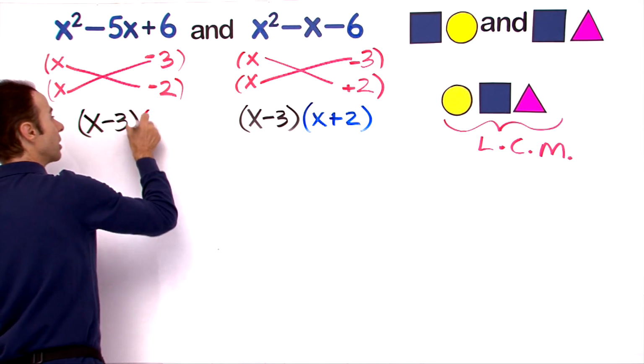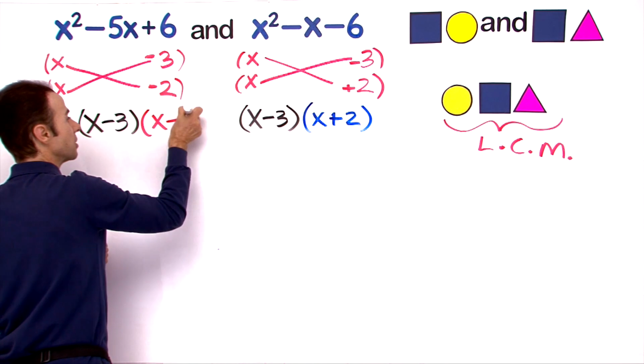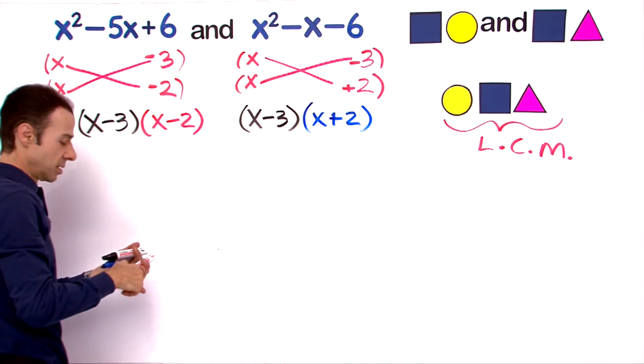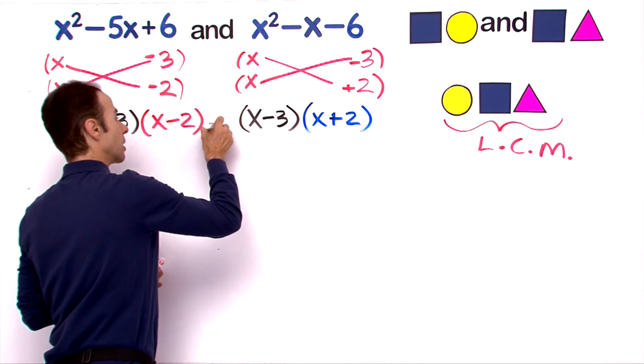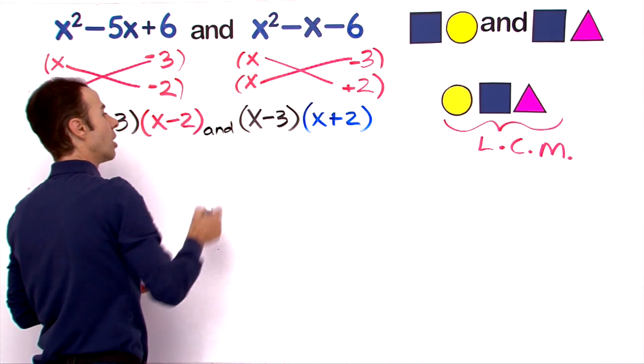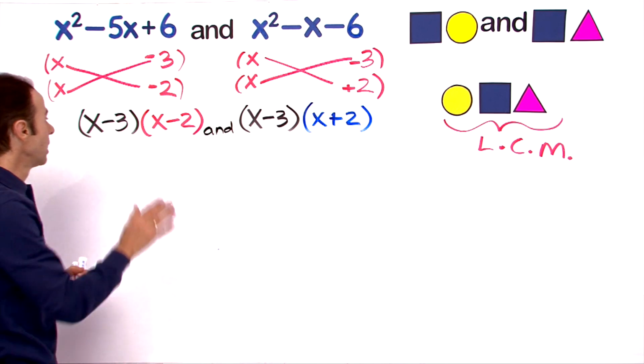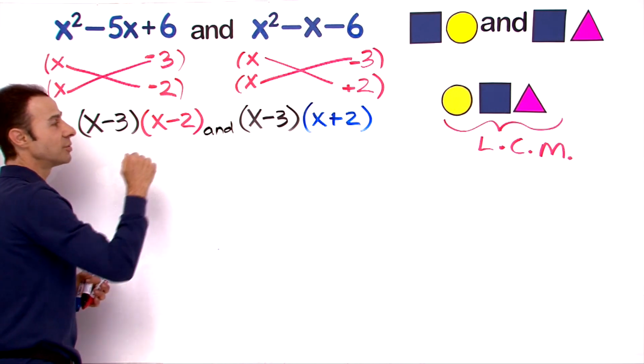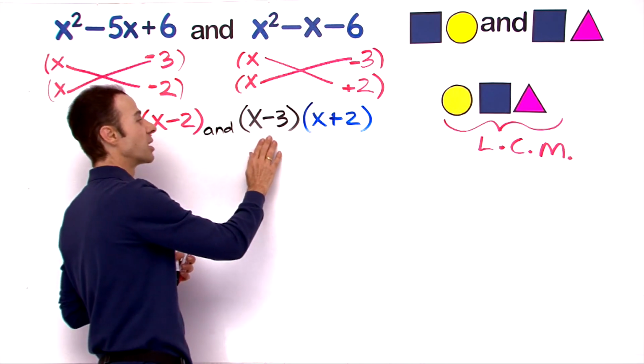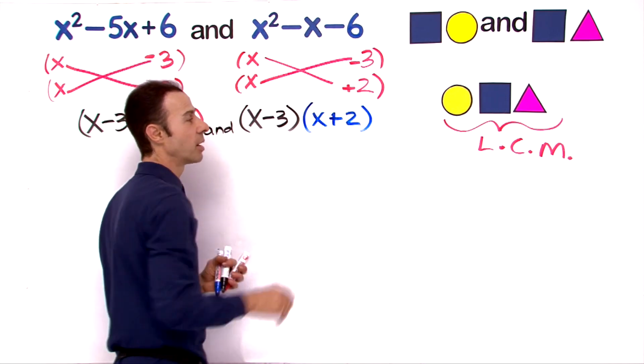I'll do that in red. Let me just write the "and" in between. So we're looking for the lowest common multiple between x minus 3, x minus 2, and x minus 3, x plus 2. It's the same kind of process.